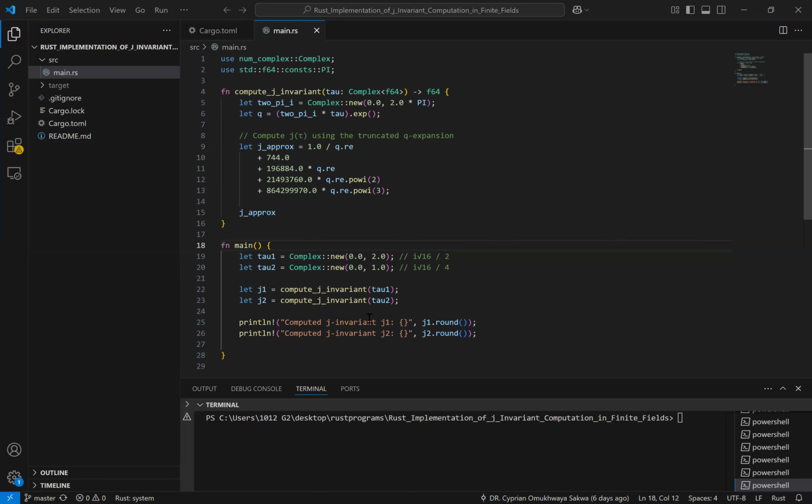That same code will then be giving you the result. I just modified the bottom part, because I discovered this one was giving me two J invariants, J1 and J2.